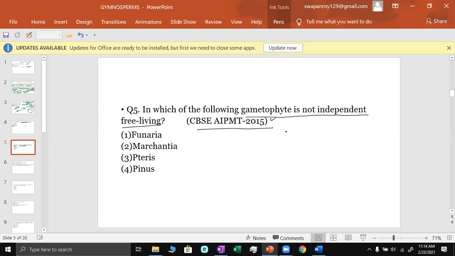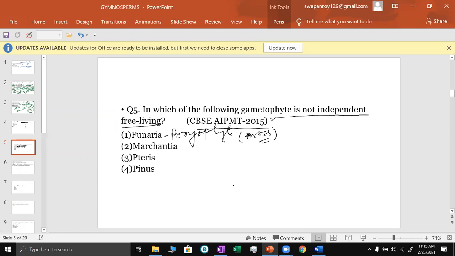Gametophyte is not independent; gametophyte depends on the sporophyte. So this is Funaria, a bryophyte, moss.